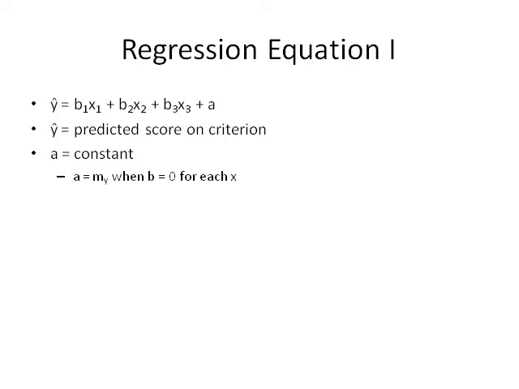As mentioned in classes on bivariate regression, when b equals 0 for all predictors, a will equal the mean of the criterion, or the mean of y. Thus, when none of the predictors in the model predict the criterion, the mean of y is the best predictor of scores on y.